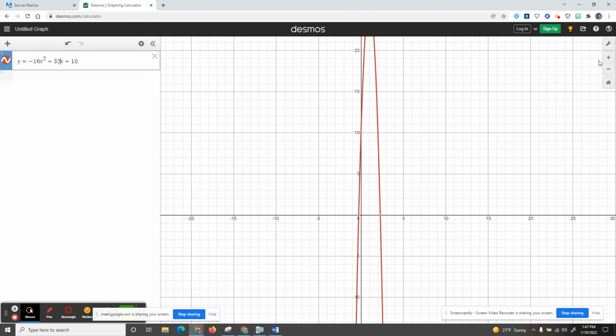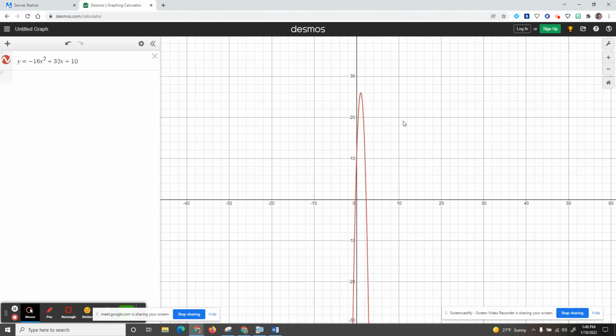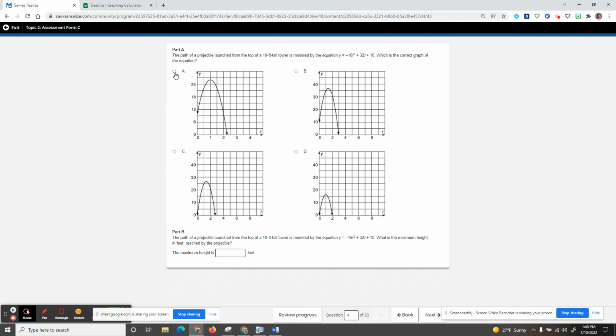Okay. We'll zoom out so you can see a little better. So vertex is 1, 26. So actually that was exactly like answer choice A. And then 2.275 is just slightly more than 2.25. So that also looks like it's the answer in terms of it being answer choice A.